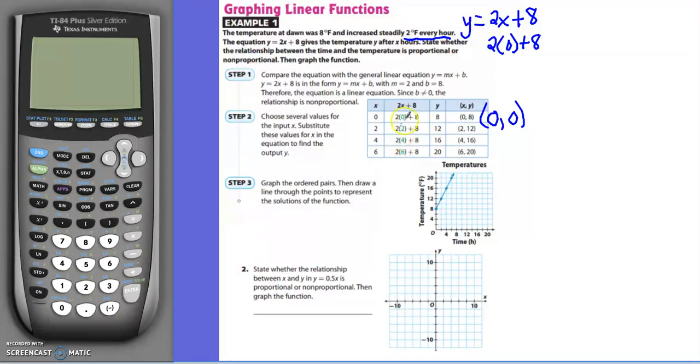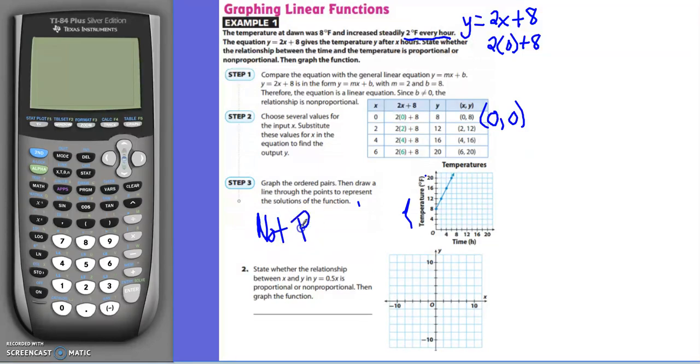And this is just going through the rest of the substitution process. 2 times 2 is 4, 4 plus 8 is 12, 2 times 4 is 8, 8 plus 8 is 16, 2 times 6 is 12, 12 plus 8 is 20. But no, this is not a proportional relationship.